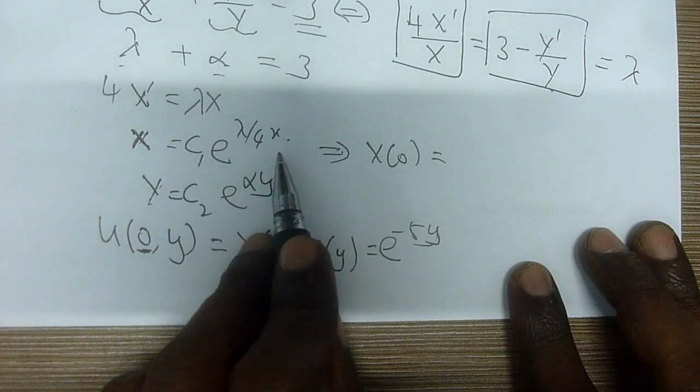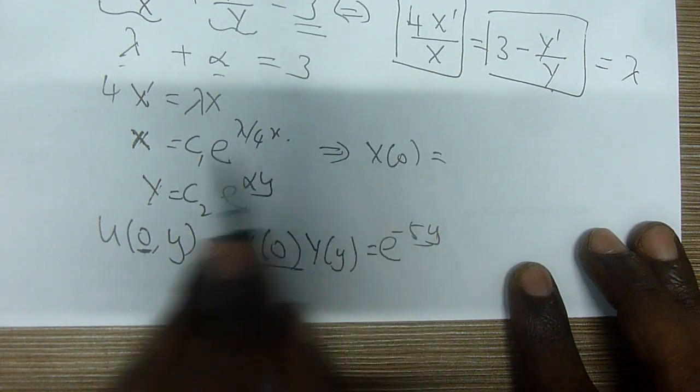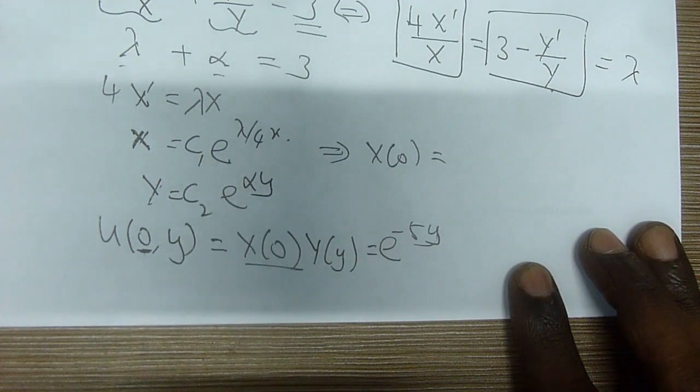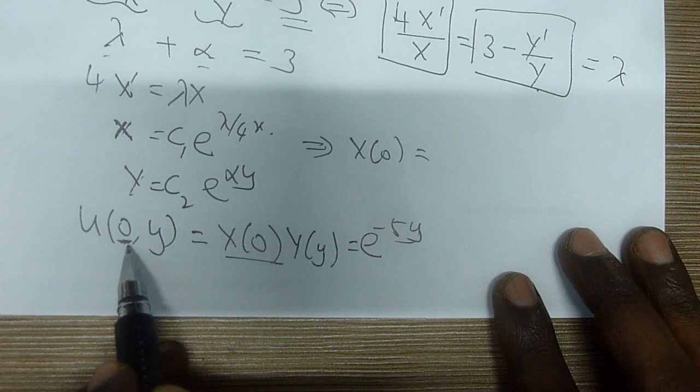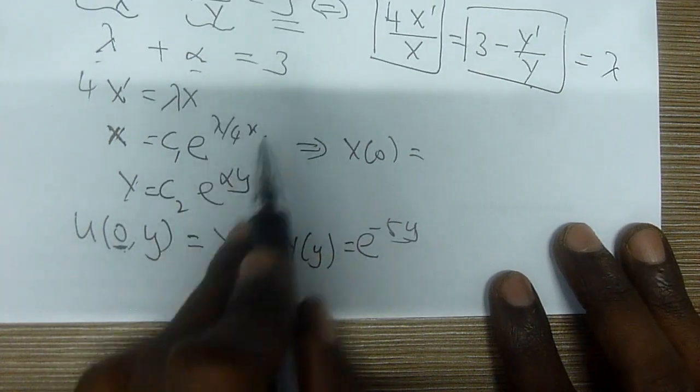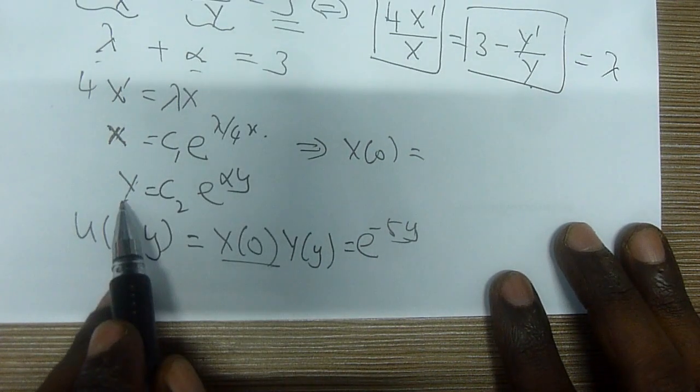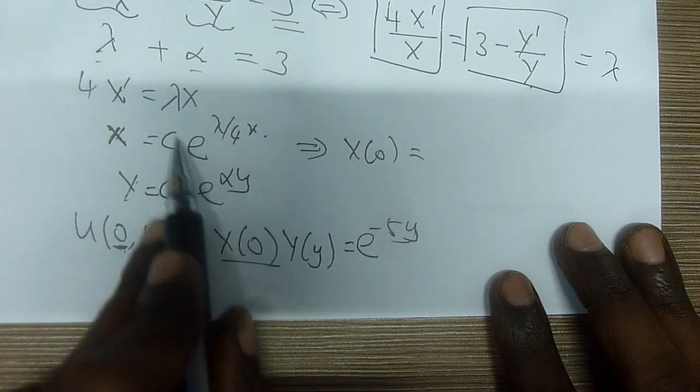Since it's 0, you just substitute here and see, x equals 0, what I'll get. Okay, x equals 0, I get the whole thing combined. Okay, x equals 0, the whole thing disappears, and only y will represent.